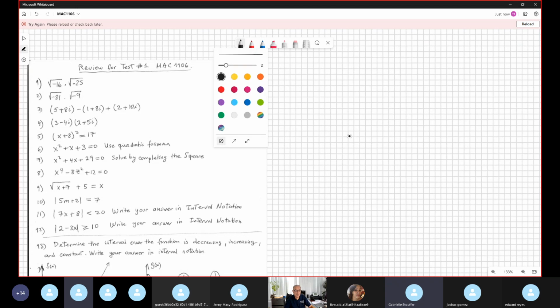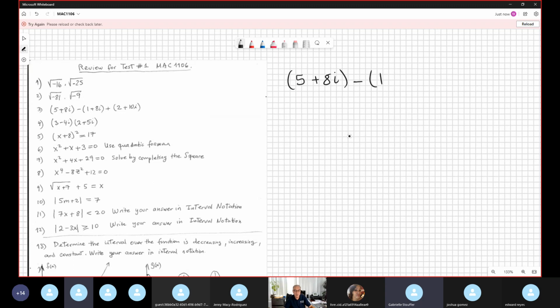So we have 3 complex numbers. 5 plus 8i, one complex number, minus another complex number, plus another complex number. The only thing that you should do is remove the parentheses. 5 plus 8i, minus 1 minus 8i, plus 2, plus 10.